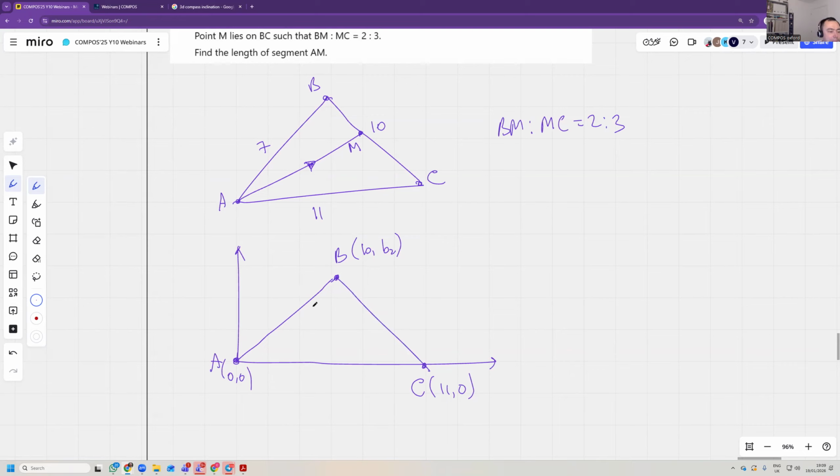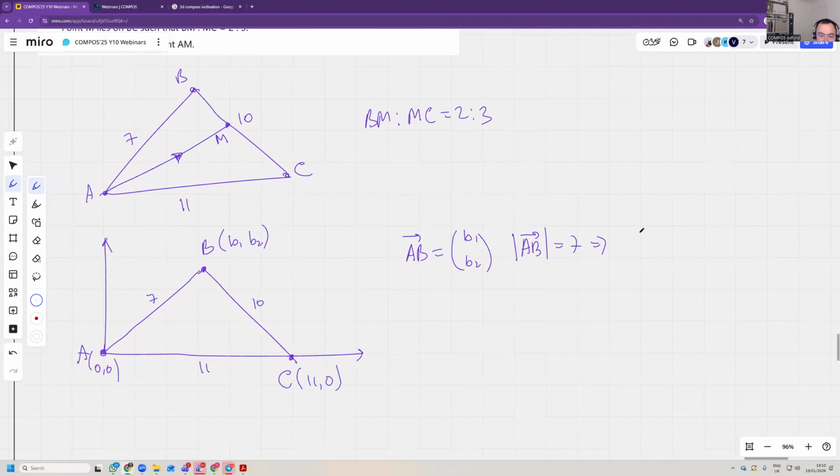We know that this is 7, this is 10, and this is 11. Let's find B. The modulus of AB is (B1, B2) and the modulus of AB is 7. Therefore, B1 squared plus B2 squared is 49.